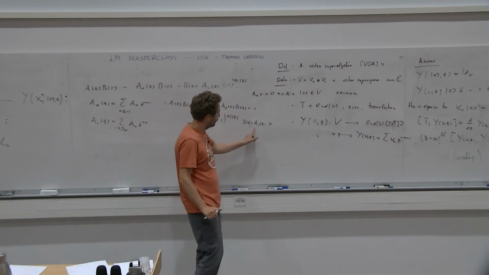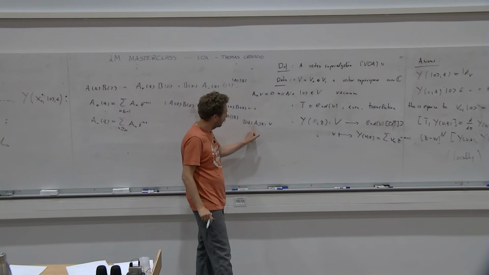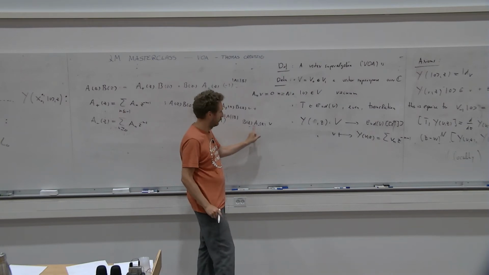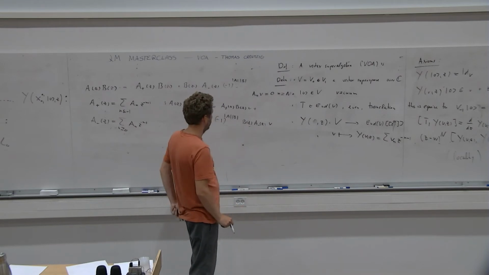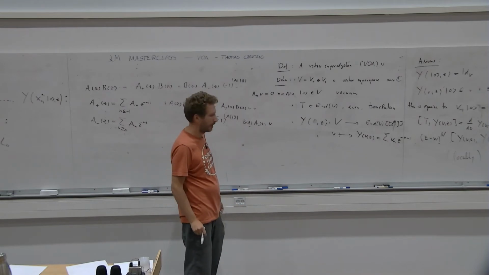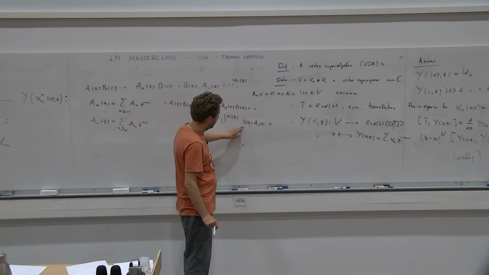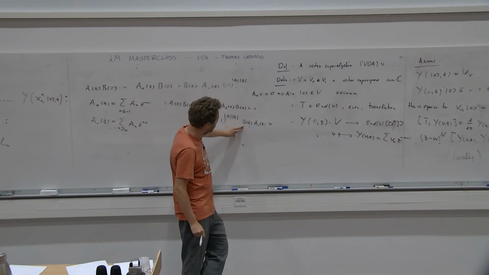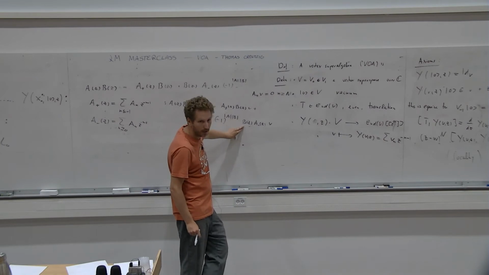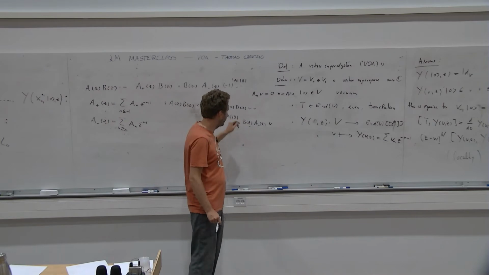So what does this mean? The action of A negative truncates to a polynomial. B is still an infinite sum. But we have to think about what is the coefficient of a fixed power, right? And what's the coefficient of a fixed power?